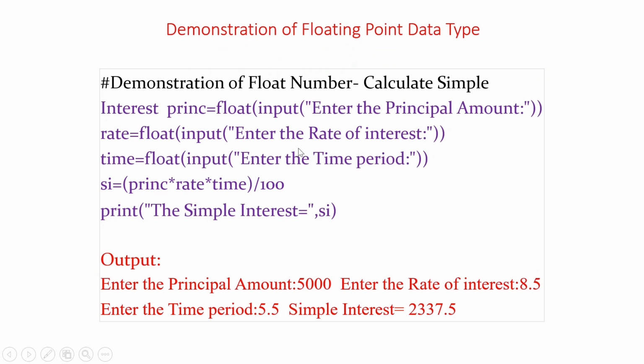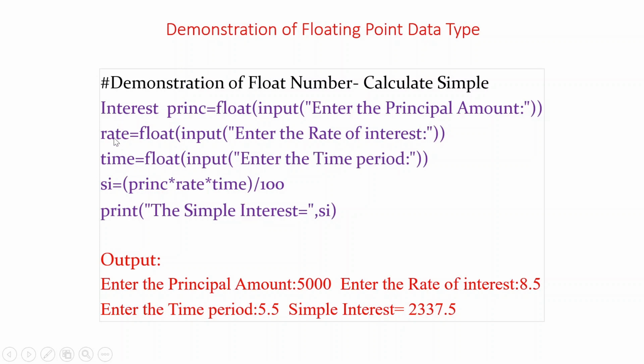This is a demonstration of a float number. In the same way, here you have to calculate the simple interest. First you have to assign a variable, principal, by using float(input("enter the principal amount")). So it will take the principal amount from the user, and again it will take the rate of interest from the user, and then it will take the time period for that principal amount for calculation of simple interest.